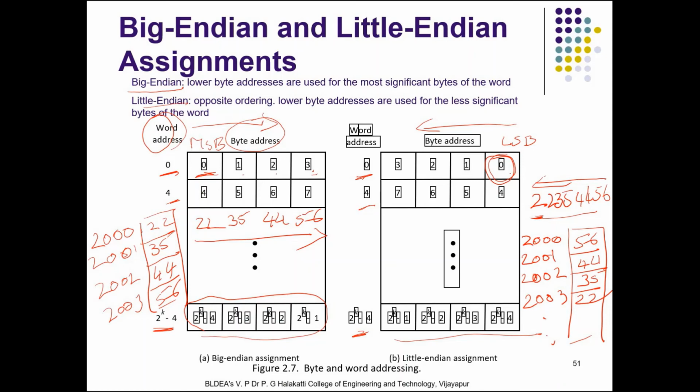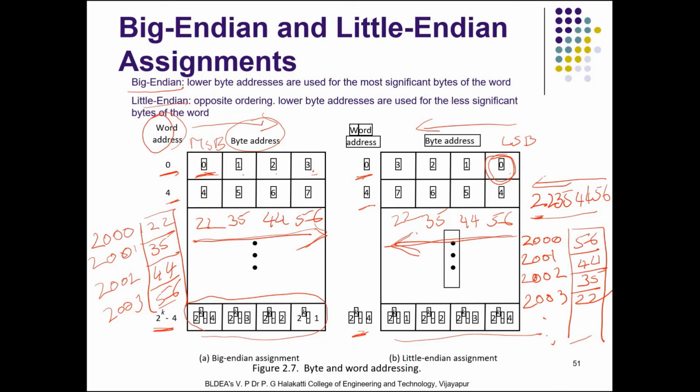Right? So this is the way the numbers are being stored in the memory. So if you see here, it is 56, 44, 35, and 22. In both the systems, storing of the number is the same, but in big endian I start from left to right, whereas in little endian I start from right to left.